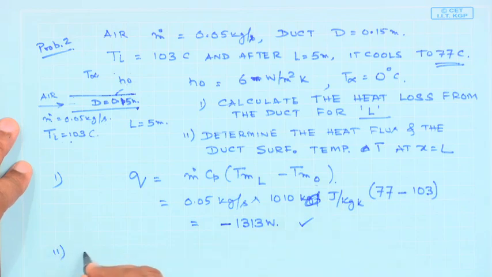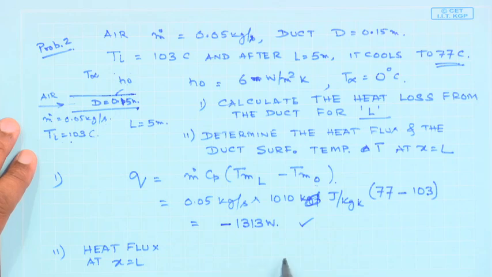Now, the second part is to obtain the heat flux at a given location, heat flux at x equals L. Let us draw the thermal circuit first. We have the temperature of the air which is higher than the temperature of the outside.